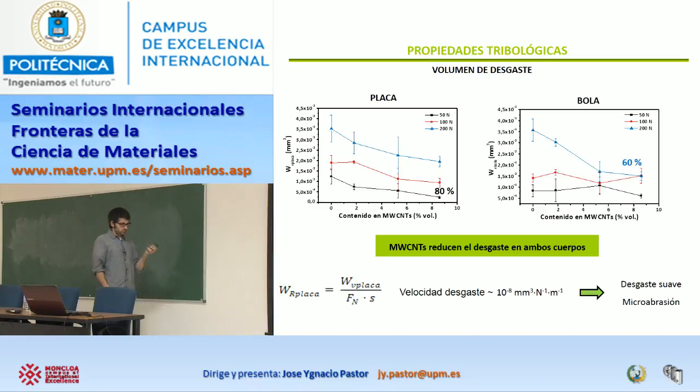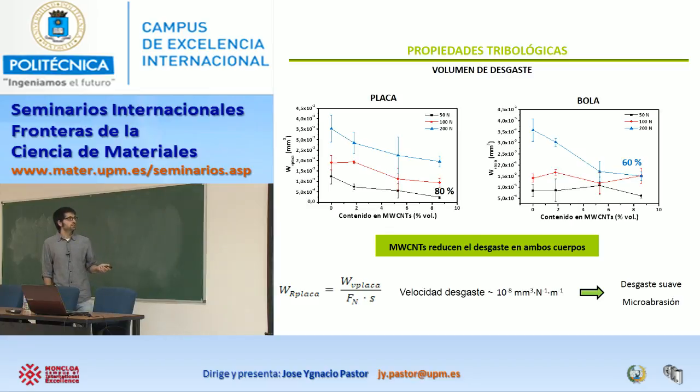But of course, it's not only the coefficient of friction that is important in tribological properties, it's also the wear that you produce, because your pieces, of course, will be degraded, and at the end, this is critical. And here is again the wear as a function of the content of nanotubes, and we see for 50 newtons, well, it always decreases with the content of nanotubes, and the reduction of the wear is up to 80%.